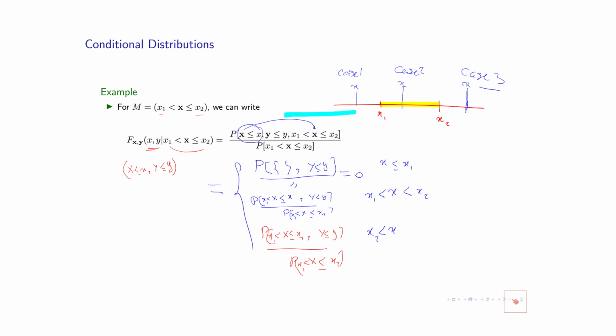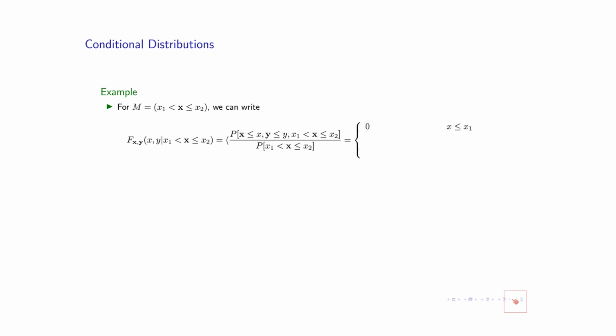In these three cases, we have to write them step by step and make sure that we don't make mistakes, and then simplify them. So this is for case 1, case 2, and case 3. In each case, you substitute using the joint CDF, and you find these expressions.